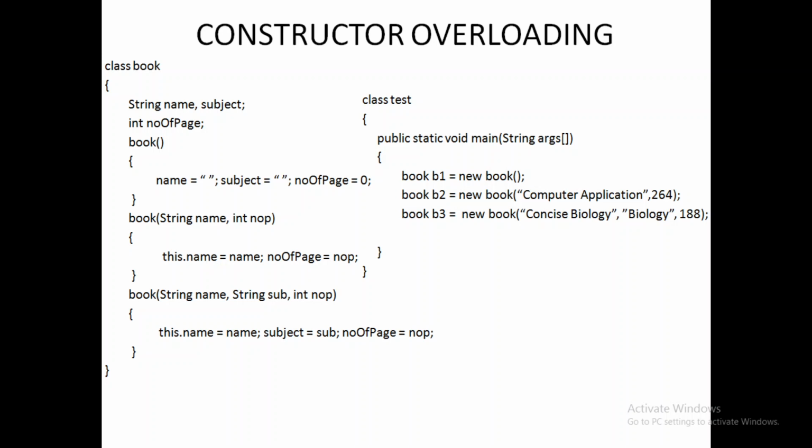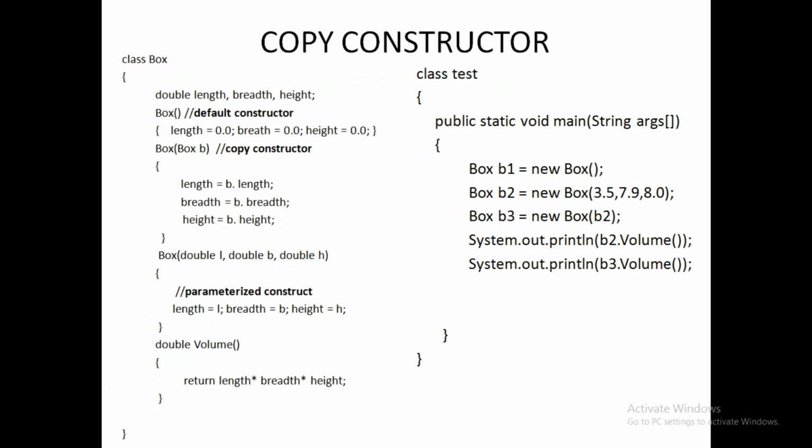Here the constructor is defined three times with different signatures, therefore the constructor overloading process happened here. Obviously, in the copy constructor example also we have unknowingly used the constructor overloading process. Here also constructor overloading takes place.